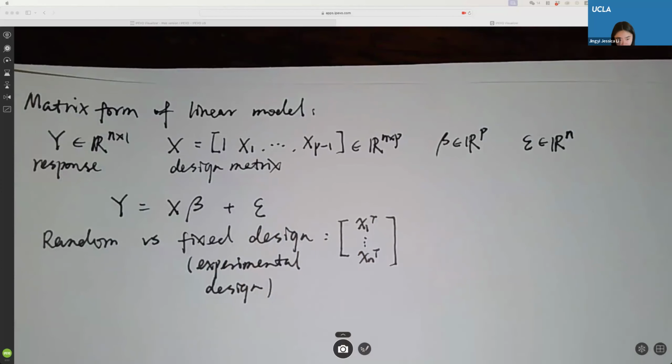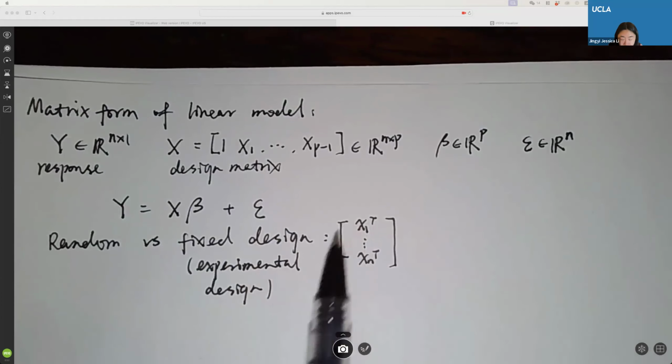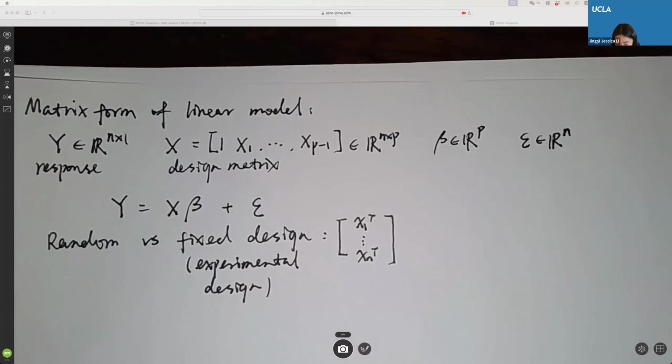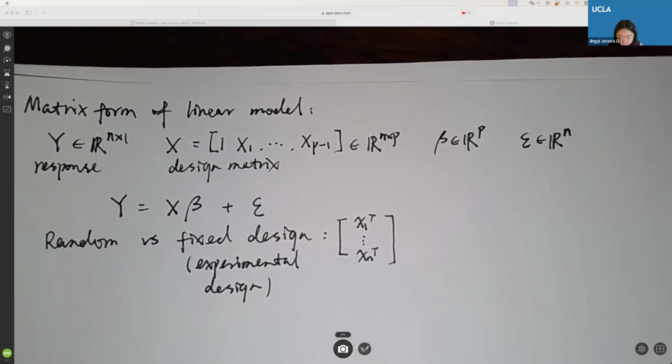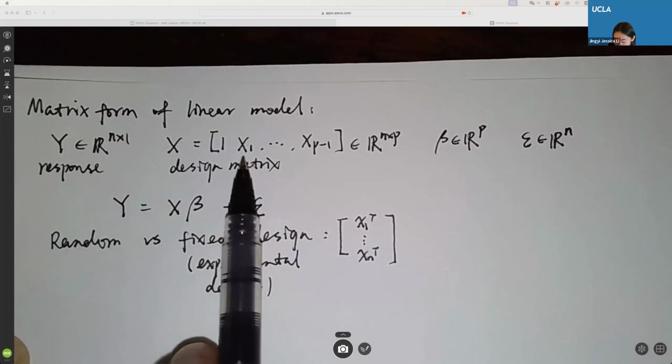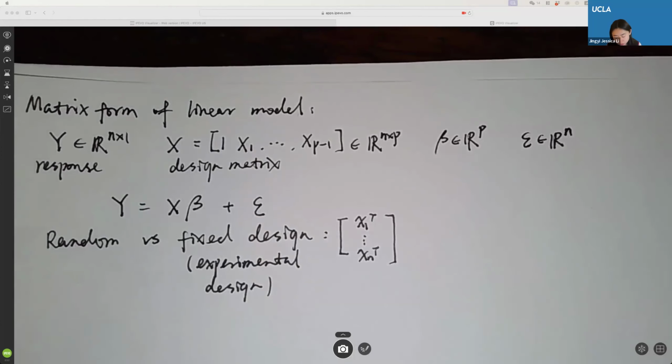For example, if I want to design my experiment about a drug effect, then my predictor would be the drug dosage. And I can design specific concentrations or dosages for this drug. And at each dosage, I'm going to measure maybe some drug activity or effectiveness. So the drug activity will be my Y, and one predictor will be my drug dosage.